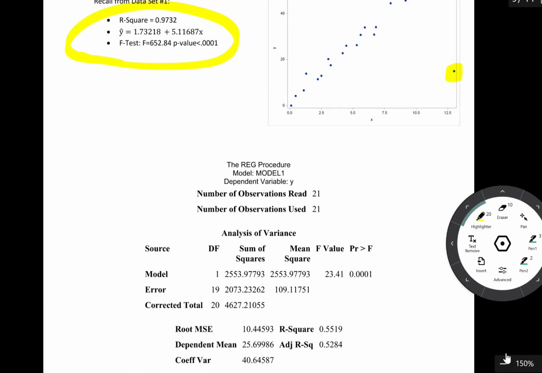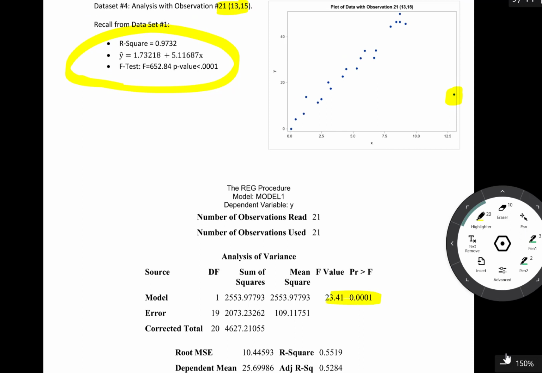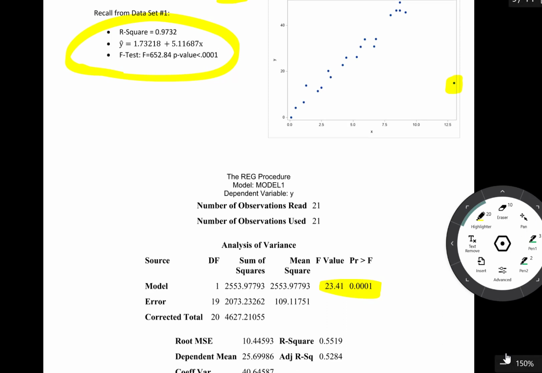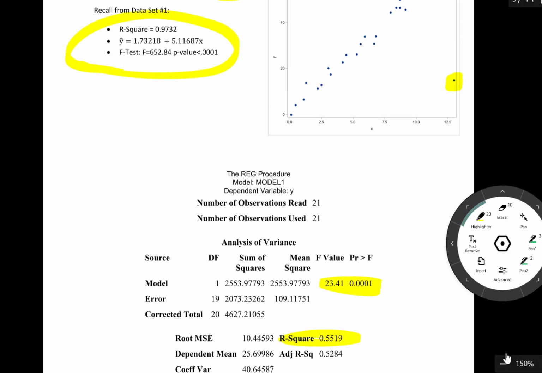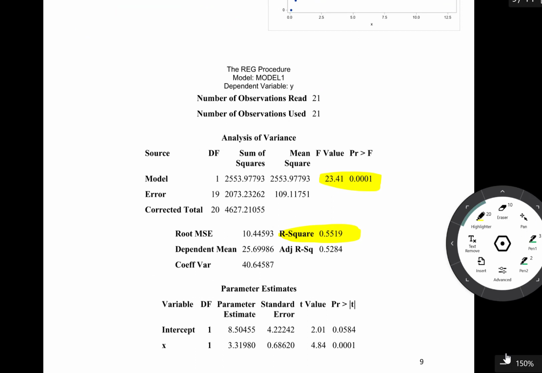Alright, so we're going to start out with our overall F-test. Our overall F-test is still significant, but we do see a really big change in that test statistic. Look at your R-squared. Your R-squared is almost half of what it was with the original data set. This is where we're really seeing a drop in our regression analysis here. That is a huge drop in R-squared, and so this point is definitely influential.